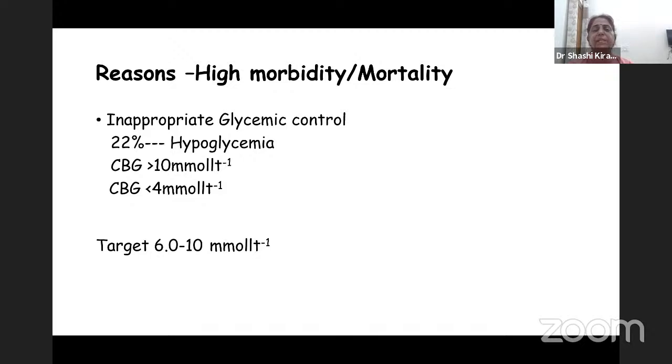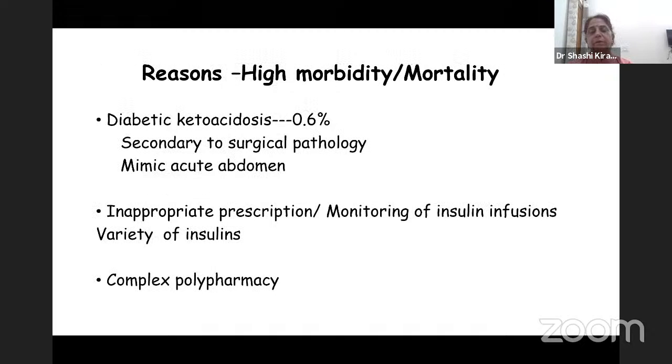Then 0.6% of the patients with diabetes have ketoacidosis, which is secondary to surgical pathology, and very important, it may mimic acute abdomen. Then insulin may be prescribed inappropriately, and monitoring of insulin, and a variety of insulins as well.